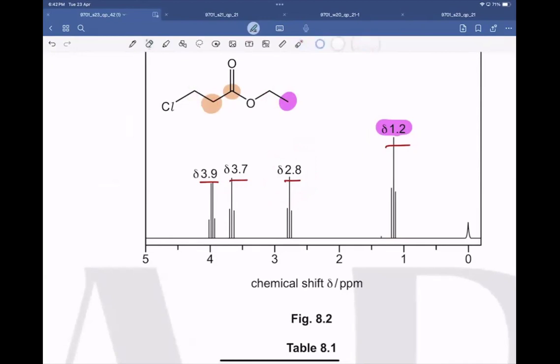And this one is actually this one. It is because neighbor to it there are three hydrogens. So due to these three hydrogens, we are getting a quartet over here.